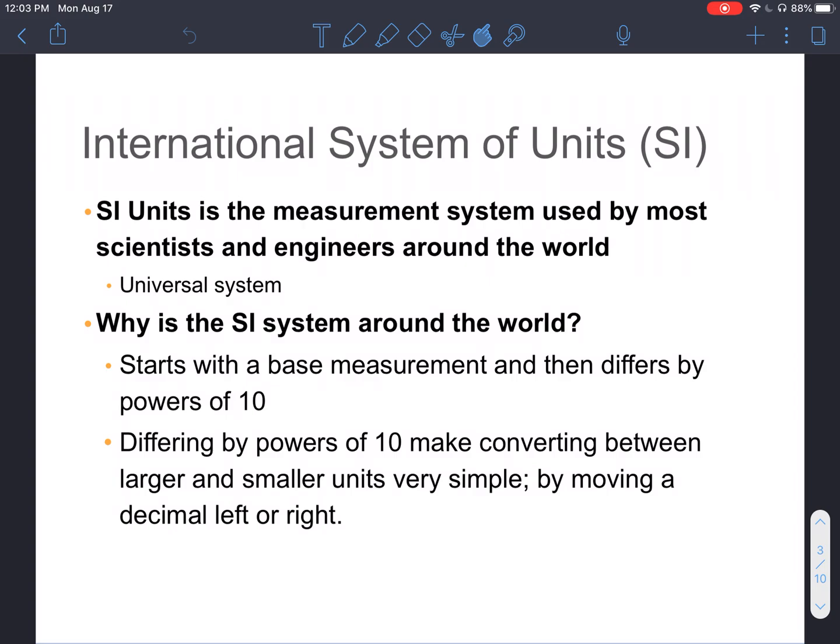That way we can compare data or measurements in an easier way if we all have the same system. And why is the SI system used? It's because it differs by a power of 10. So you have a base measurement, and all of the units that are larger or smaller than that base unit differ by 10. That makes converting between those units pretty simple because you move a decimal place left or right.